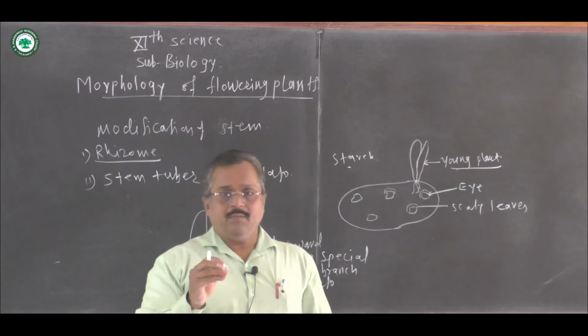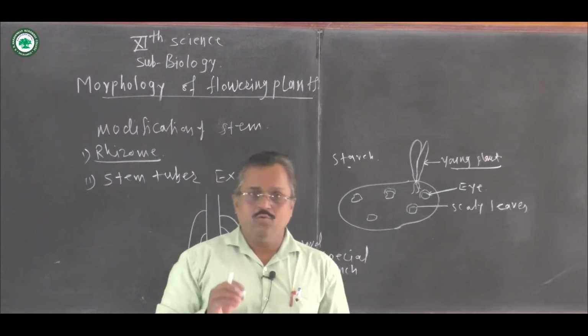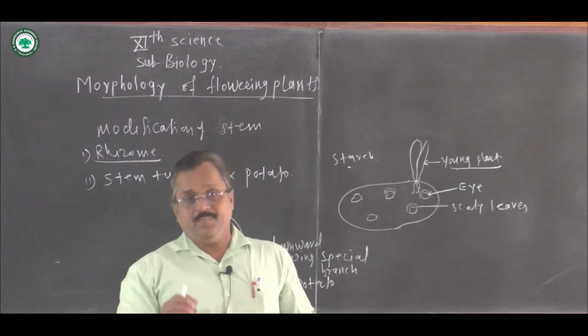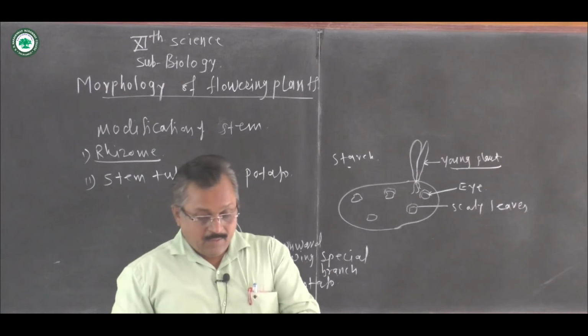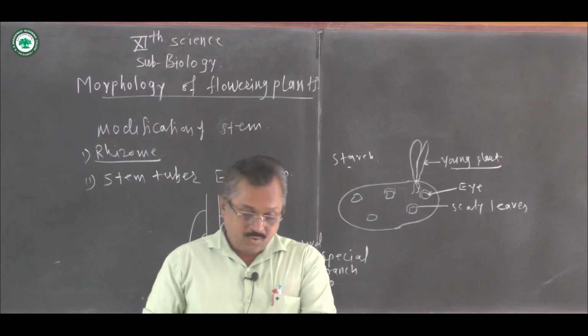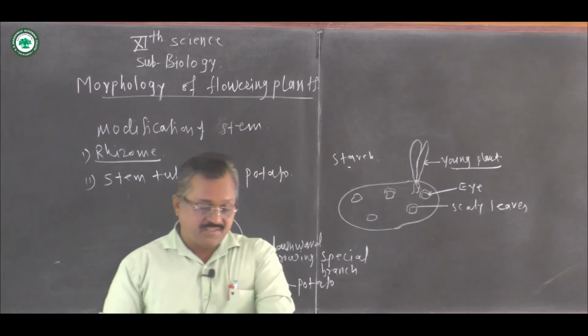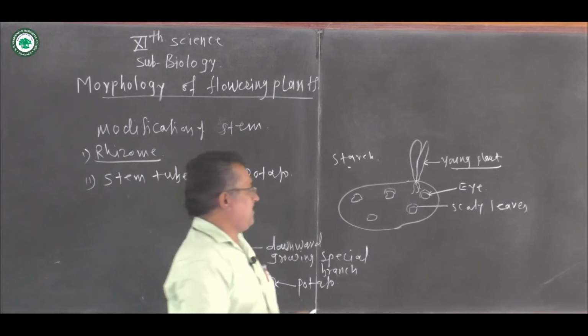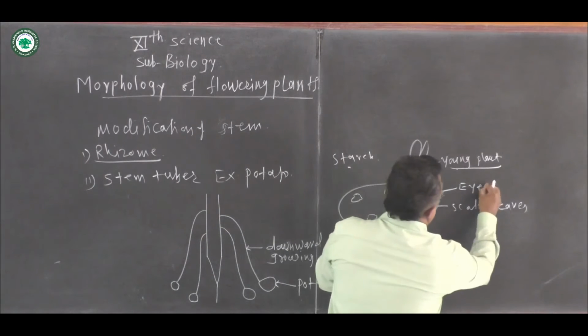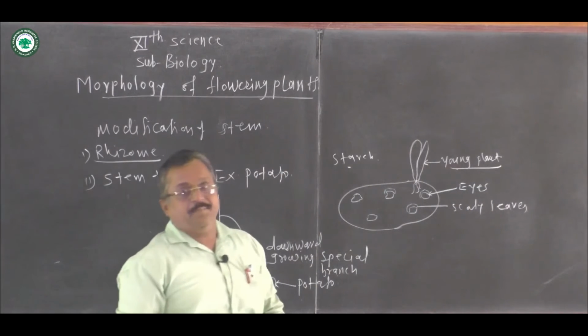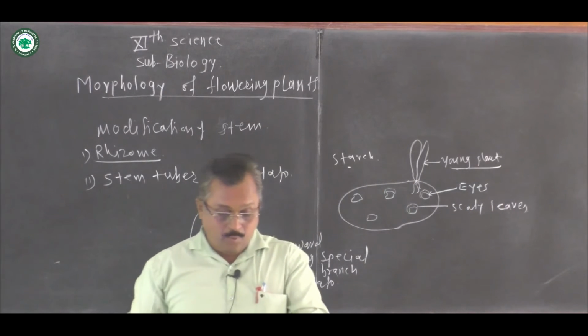Then, at the axillary position of the leaves, there is a bud. The axillary bud is commonly known as eyes, and it is found on the potato.